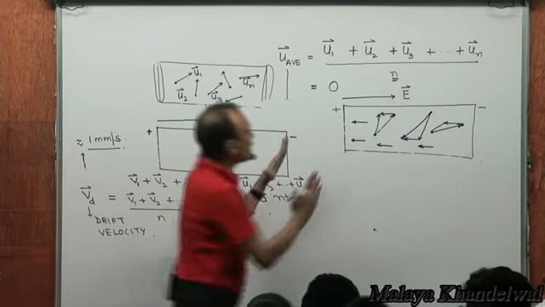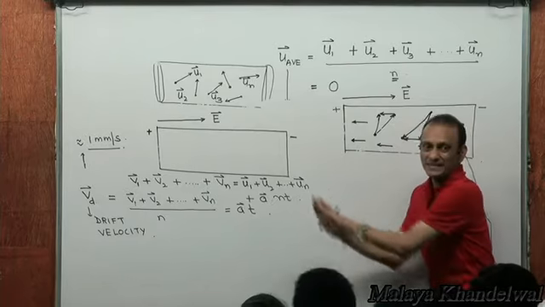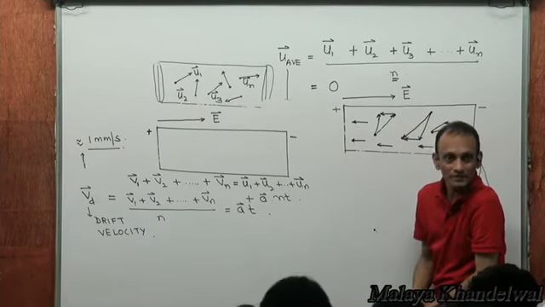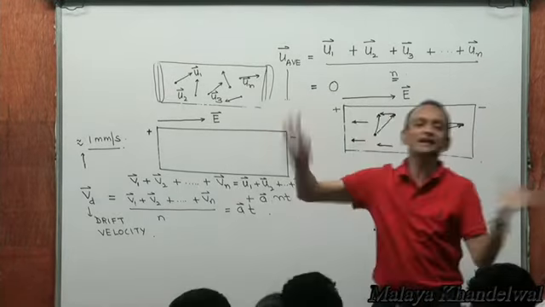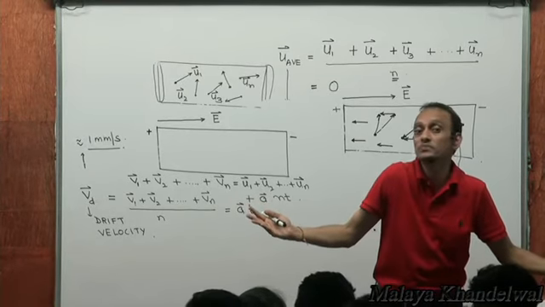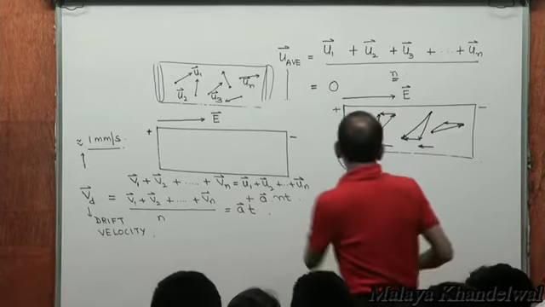That means every single electron is having a net leftward displacement. Yes or no? Unlike the previous case, where it was random and the net of all displacements was 0, now the net of all displacements is not 0, it is leftwards.